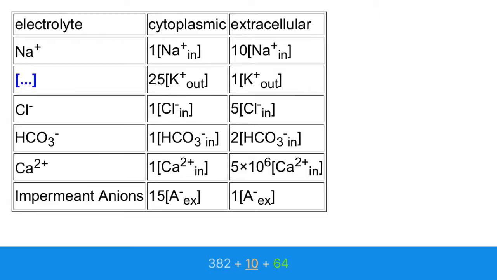The extracellular potassium is always going to be 1 times the potassium concentration on the outside of the cell. But the cytoplasmic in this one is 25 times. So I have to remember that I've got 25 times the potassium ion concentration inside the cell compared to outside. Confusing way to say it. So I take the potassium concentration outside the cell, multiply by 25, and that's my concentration inside the cell.